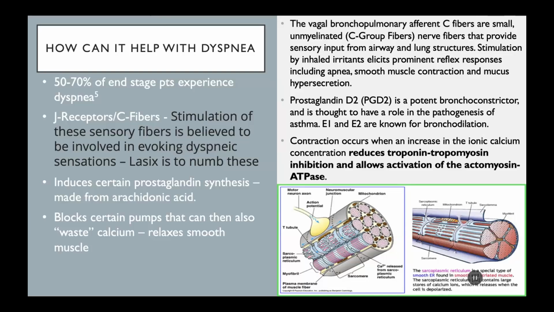I would have to imagine that these C fibers are screaming, you need to breathe out, because we're so short of breath right now. And that's not to say there's not some type of chemically mediated signal sent from high CO2s and that type of thing. We're looking at stretch, and if we're stretched completely out, they're just going to keep screaming, hey, you are short of breath. Keep moving air, right?